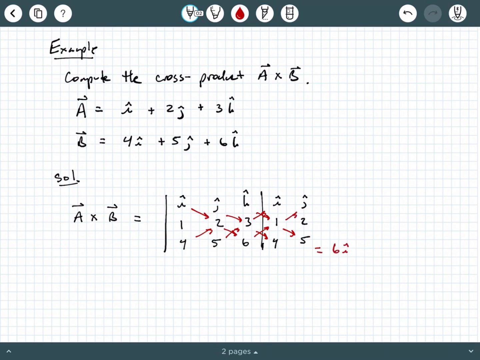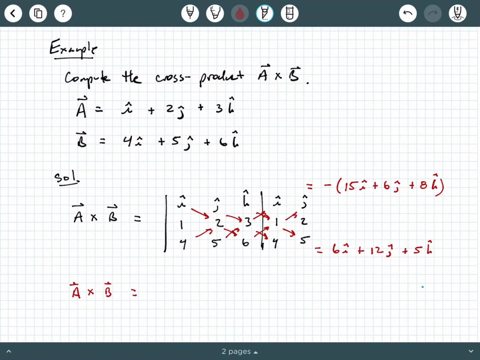So down here, we're going to have 6i plus 12j plus 5k. And up here, we're going to negate everything to be 15i plus 6j plus 8k.